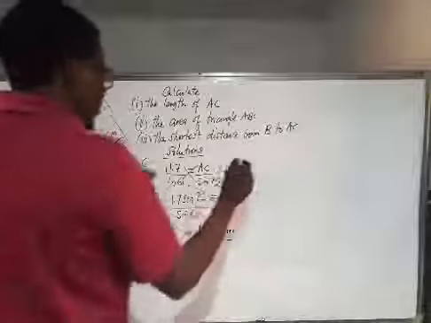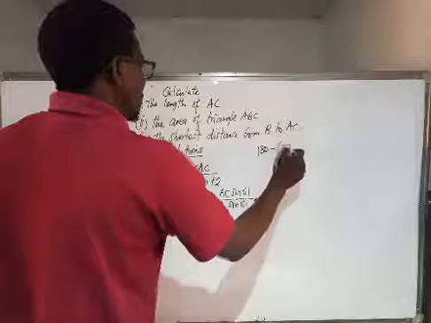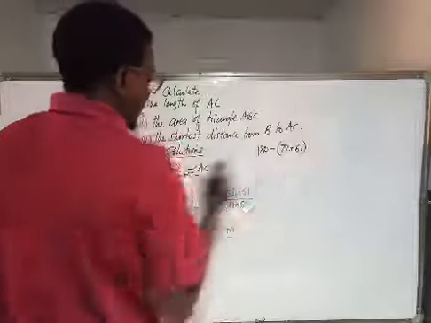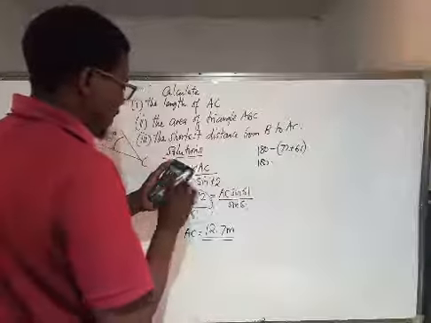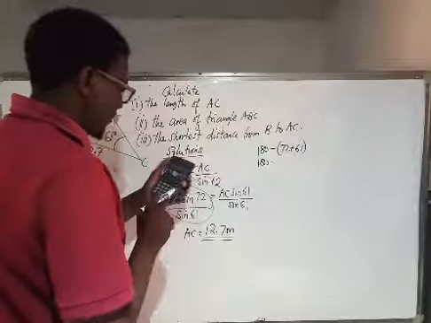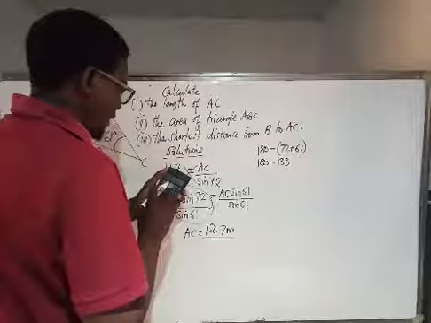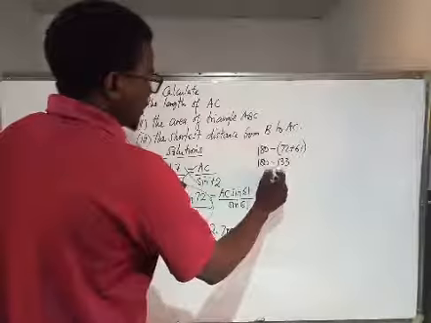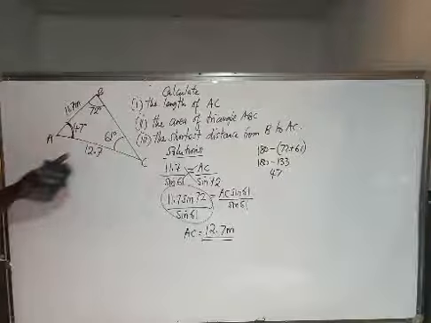So we are going to say 180 subtract the sum of 72 and 61. 72 add 61 will give me 133. 180 subtract 133 will give me 47. So the angle we are going to use is 47 under area.